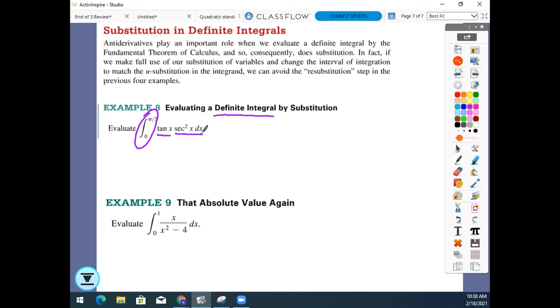You choose one that the derivative is the other. So I'm choosing tangent because the derivative of tangent is secant squared. All right. So notice secant squared dx is my du. Tangent is my u.